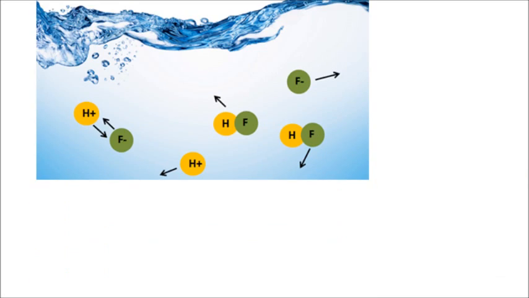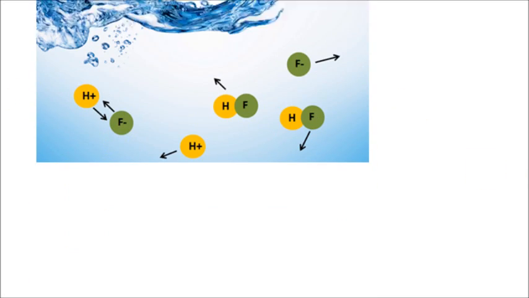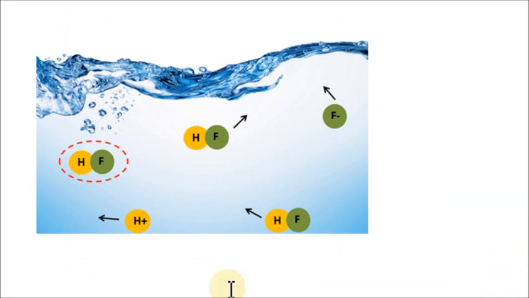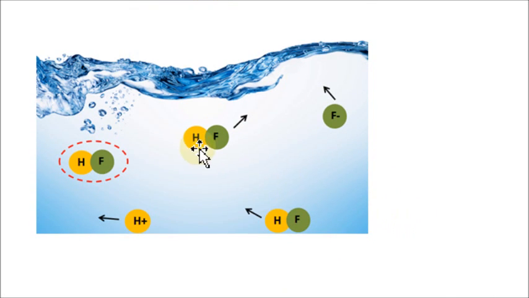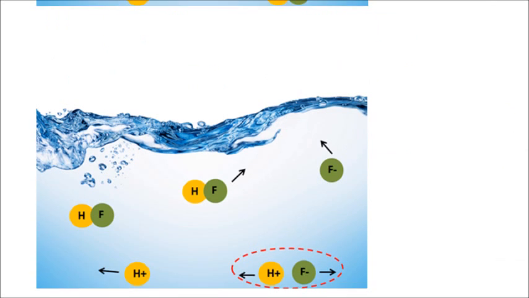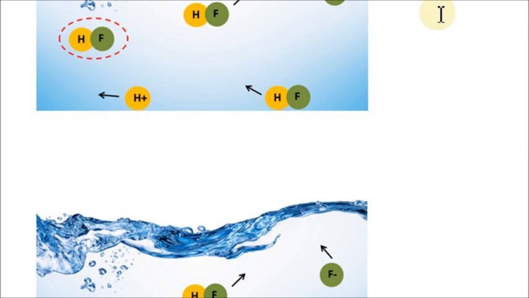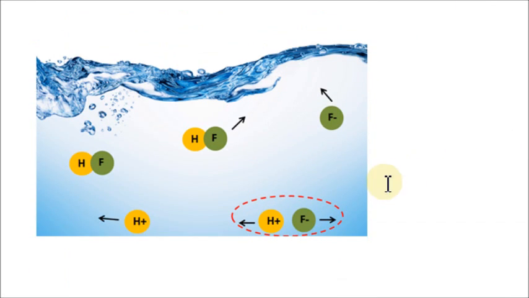And if two of them hit, H plus and F minus, you get a new HF molecule. And at the same time that this is happening, HF molecules are dissolving. Like this HF molecule right here will dissolve at the same time that new ones form. So for example, right here, we've got an HF molecule, and it dissolves at the same time that, let's say, an H plus and an F minus ion form.